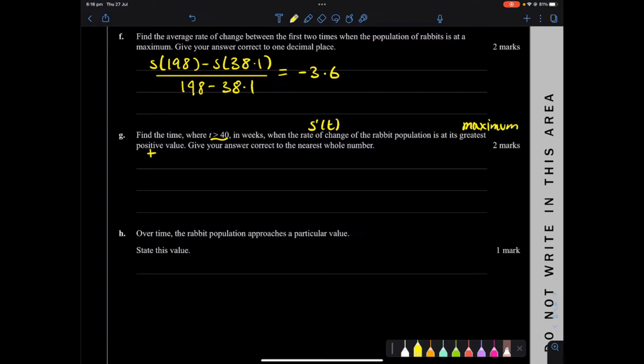So find when it is greatest. First I'm going to find S dash on t, because it's 2 marks, we have to show some working out.